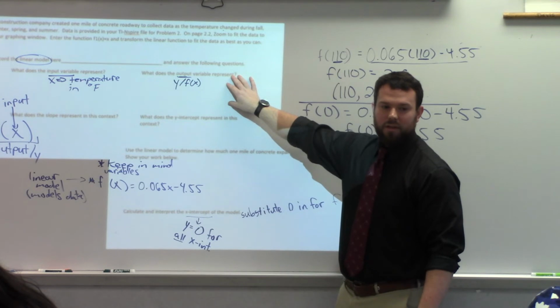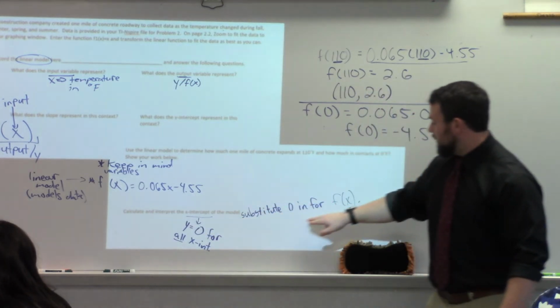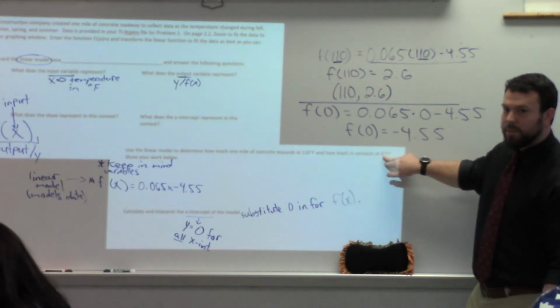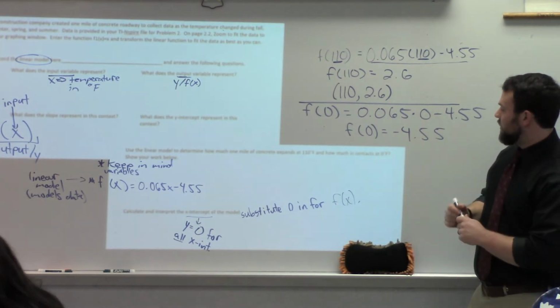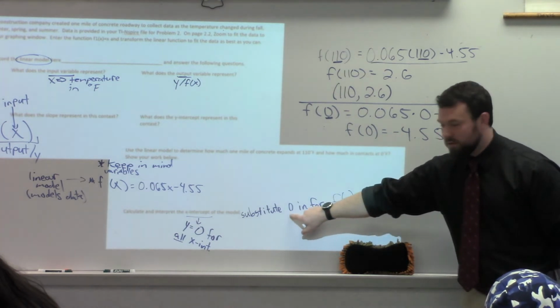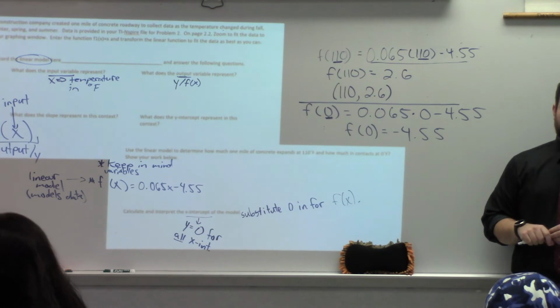Feet of expansion and contraction. This 0 is going in for f of x. The 0 in degrees Fahrenheit is being substituted in for x. This 0 is being substituted in for the whole thing, the whole f of x. That's what I'm saying. So 0 equals.